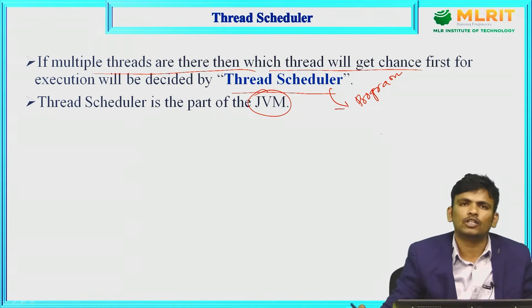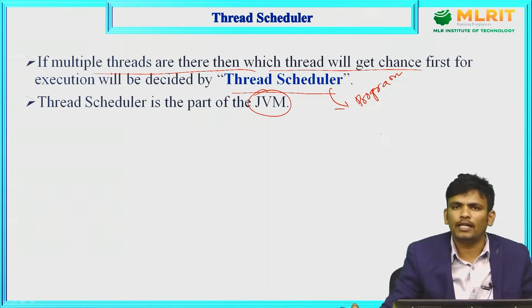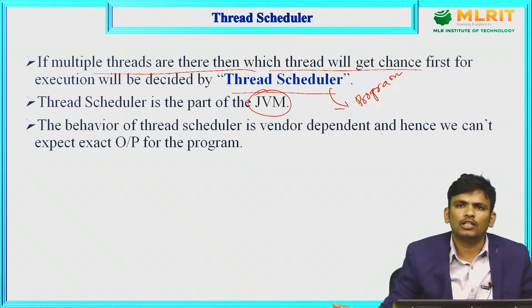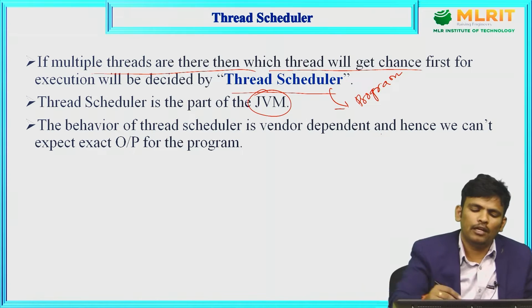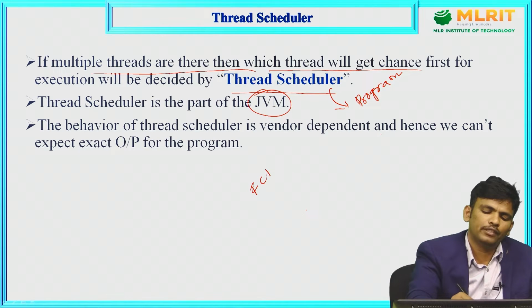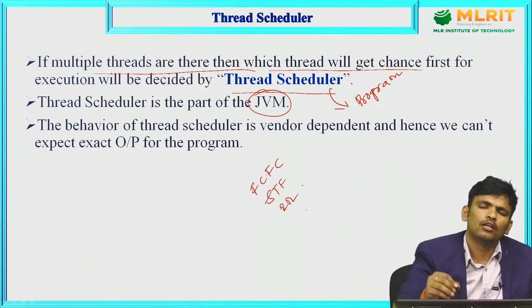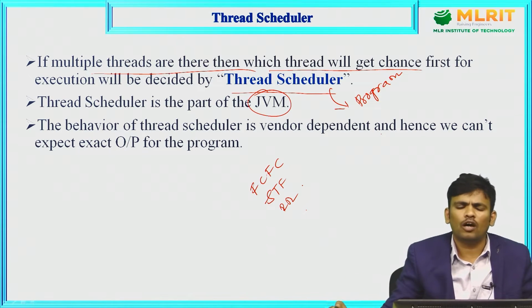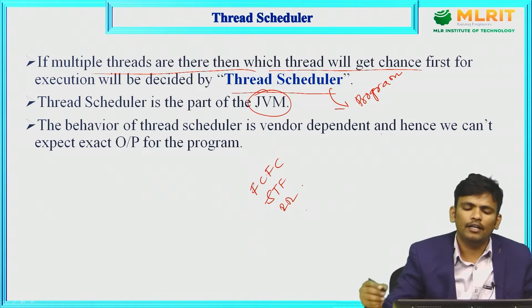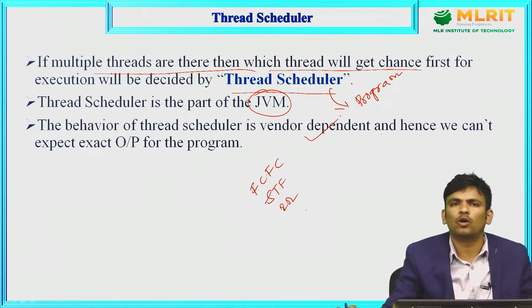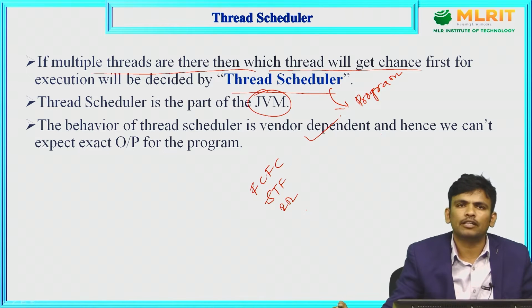So the thread scheduler is part of the JVM. The JVM is responsible for calling this thread scheduler program. The thread scheduler will decide which thread has to be executed on the CPU, based on the thread scheduling algorithm. The algorithm may be anything: first come first serve (FCFS), SJF (shortest job first), round robin, a priority algorithm, or any other algorithm, and it may depend on the vendor.